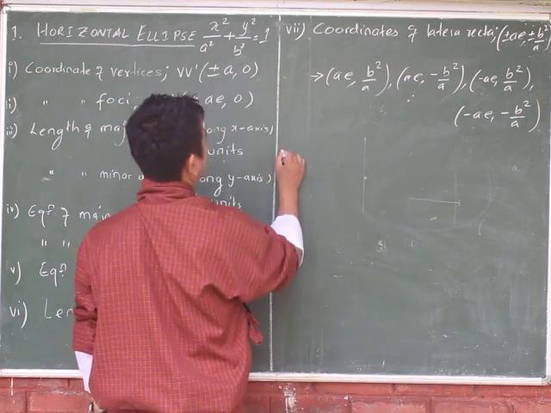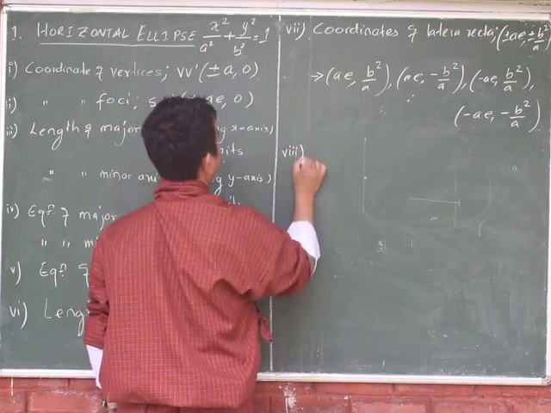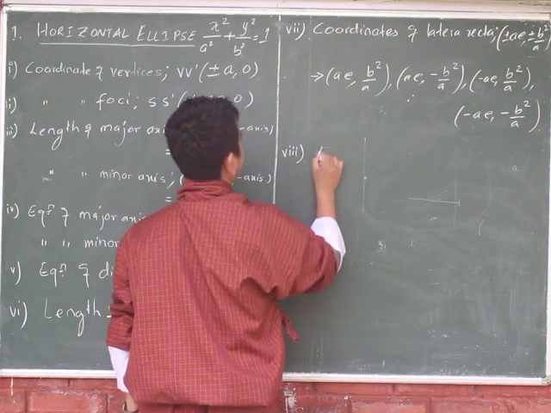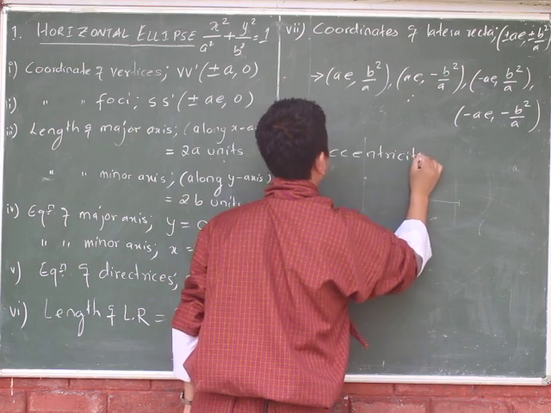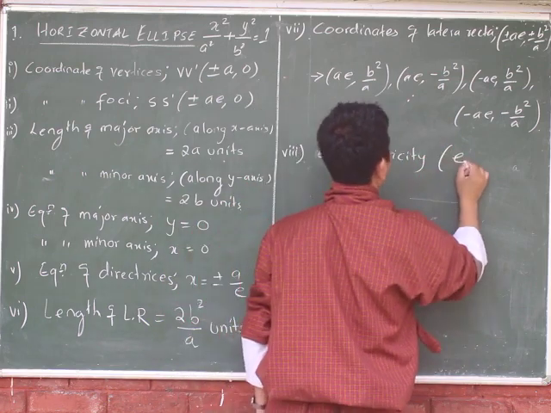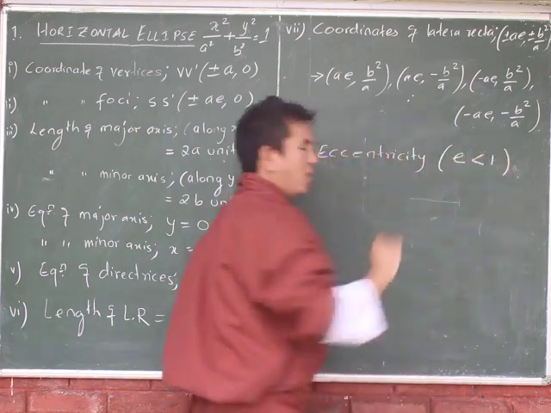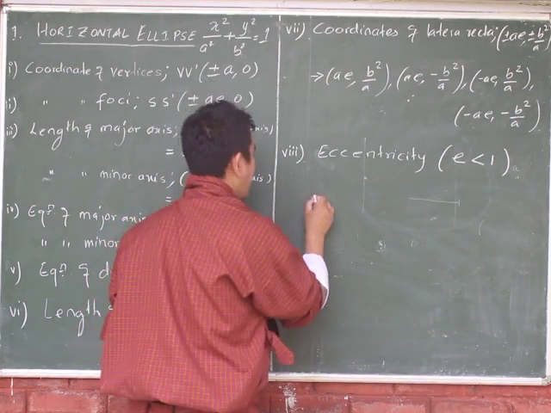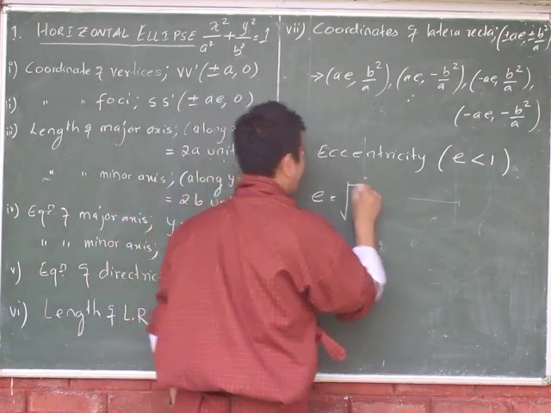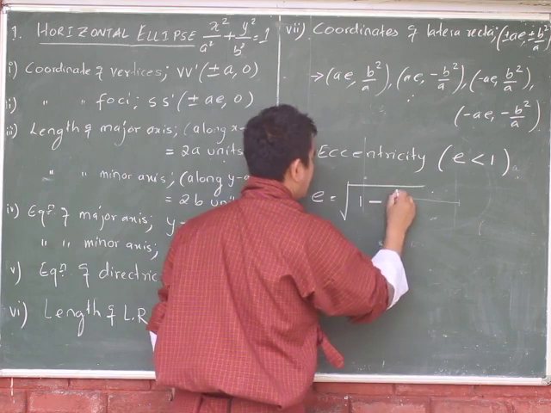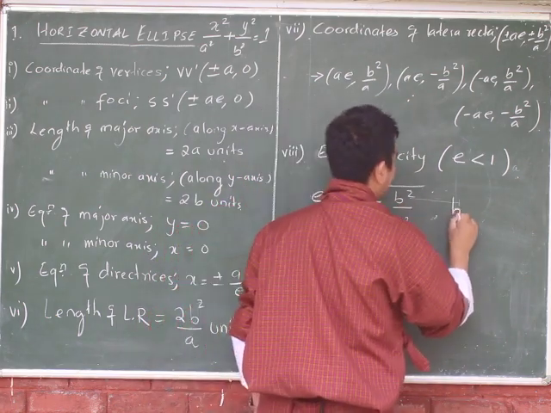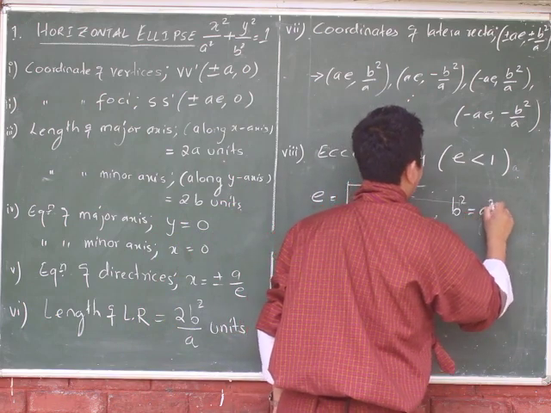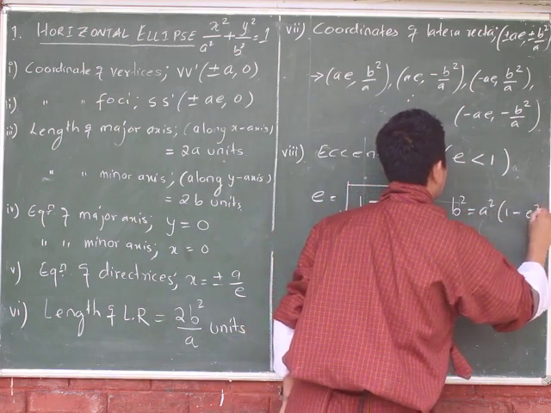Then the number 8 point, we have eccentricity. Eccentricity in this case will be always less than 1. And it's given by e is equal to root of 1 minus b square by a square, or you keep this formula, b square is a square of 1 minus e square.